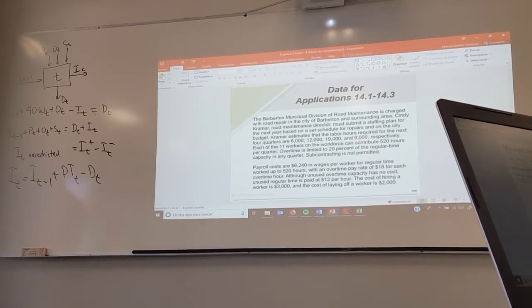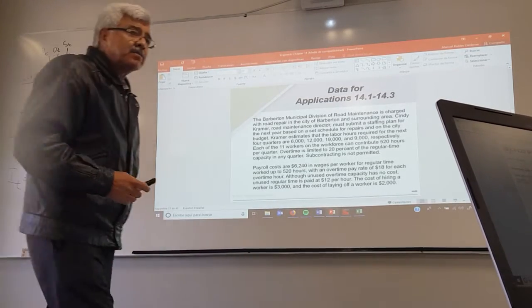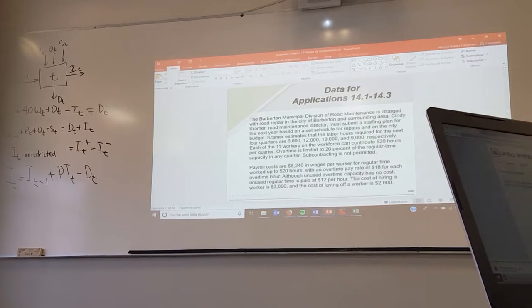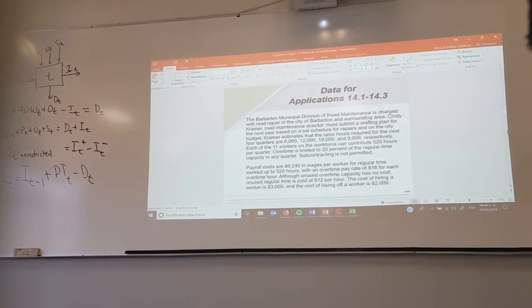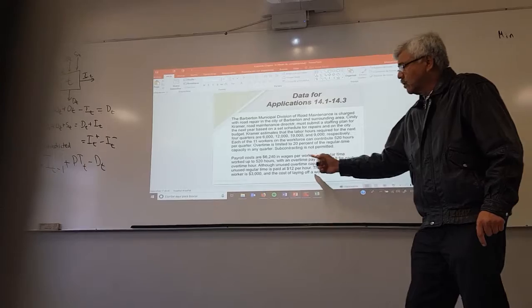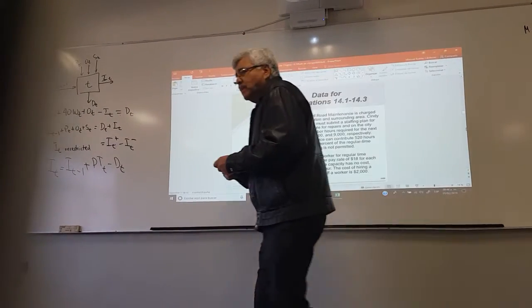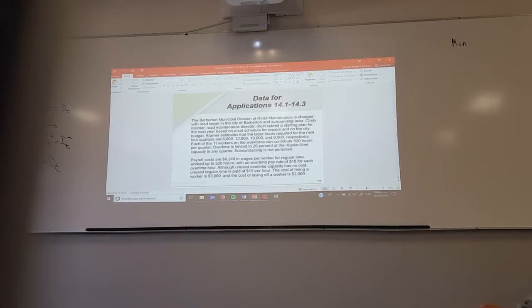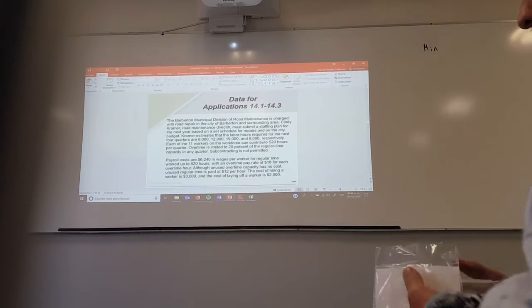Okay, so there is the information. I like to start with the constraints, not the objective function. So it is going to be to minimize the costs. You can probably tell me what to do, because this is what we have here.